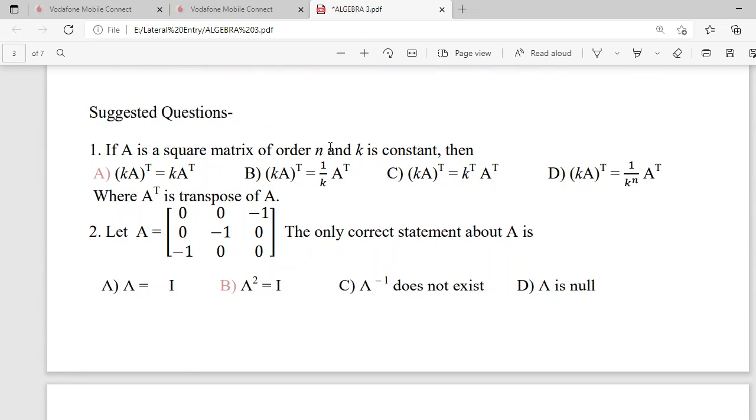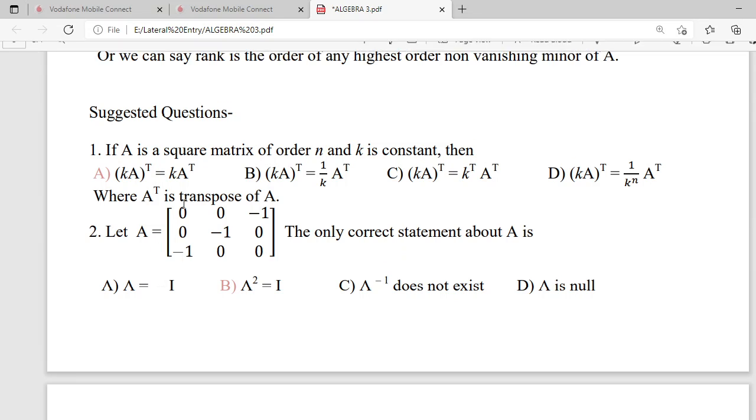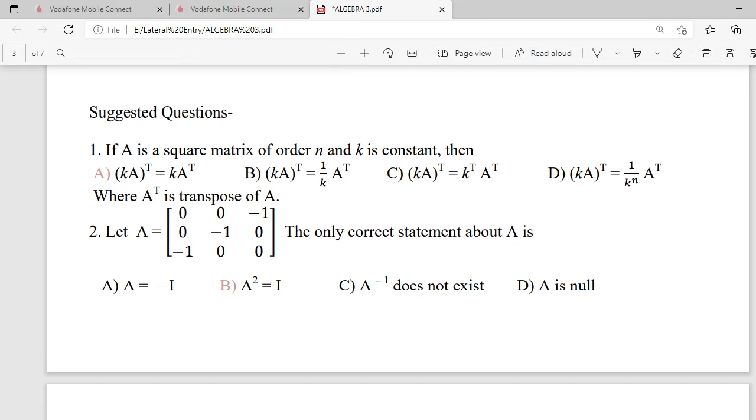So we are applying this here. A is a square matrix of order n and K is a constant. Then the transpose of KA, what is it? You can just test it.